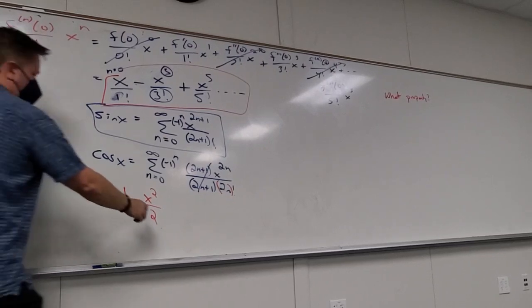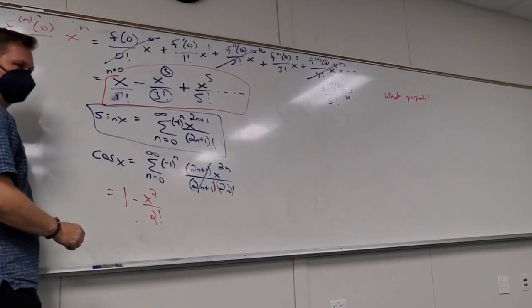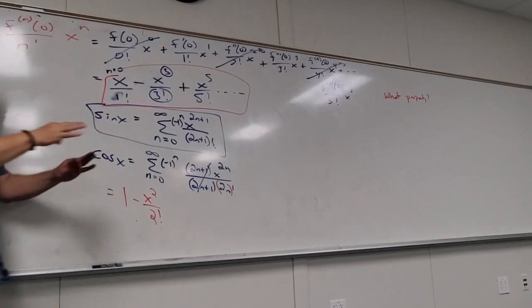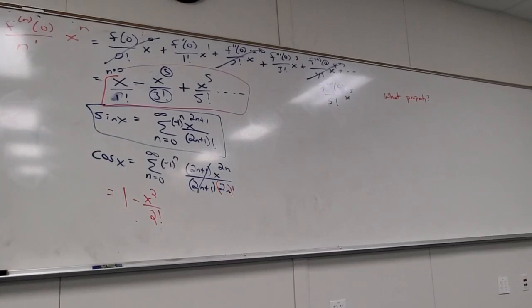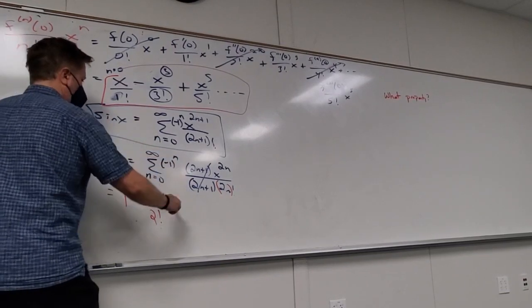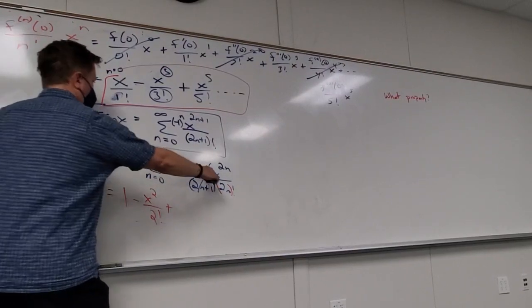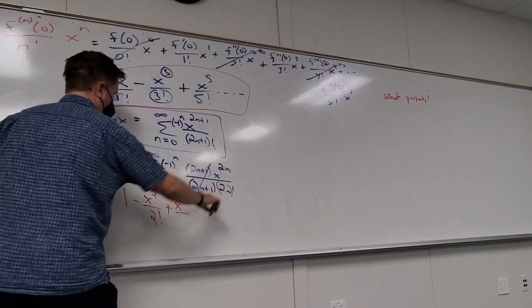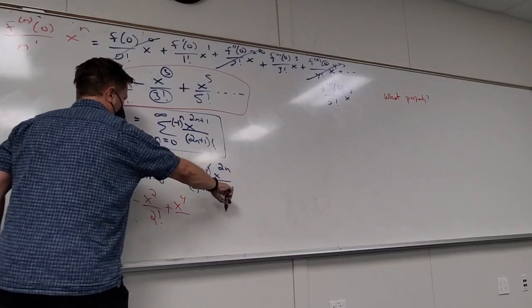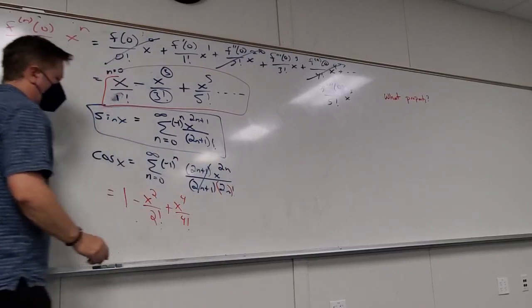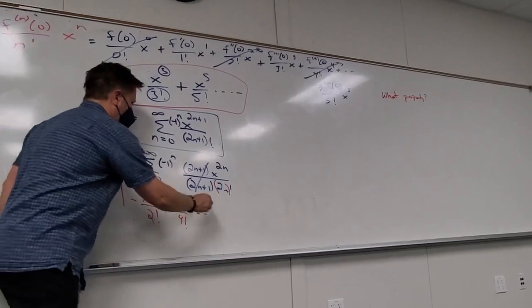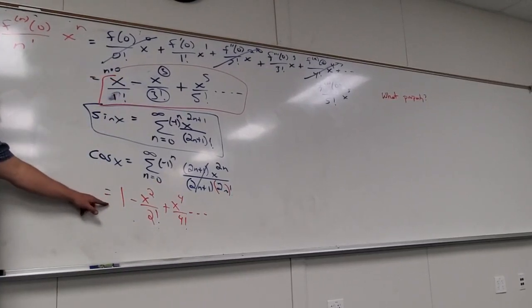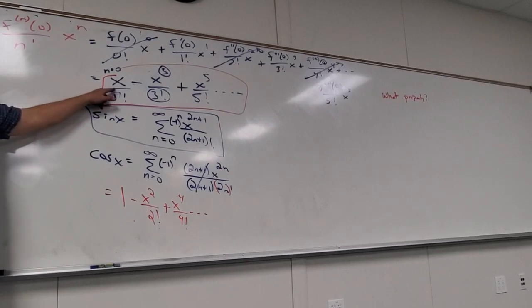In fact, let me do it like this. 2 factorial is 2, right? But let me just do this. I want to show you something really kind of cool. Are you guys all with me? I'm just plugging in the values of n. n equals 2, now it's positive again, and negative 1 squared, x to the 4th over 4 factorial, because again the powers and the factorials here are the same number. Do you see how cosine is all the parts that sine is missing?